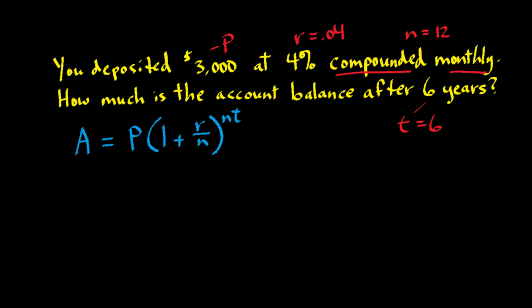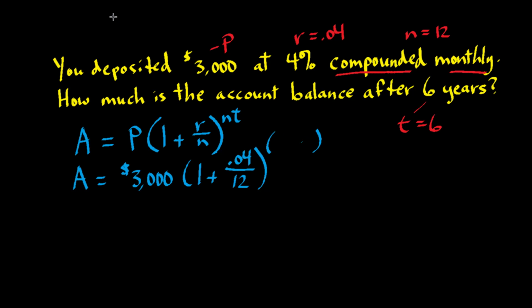Next, we'll plug these values into the formula. A equals $3,000 for P, 1 plus 0.04 for R, divided by N is 12. And at the exponent level, I recommend putting parentheses around the exponent before you put it in a calculator.